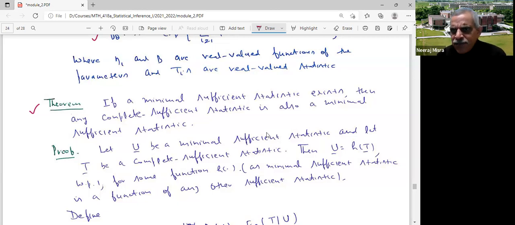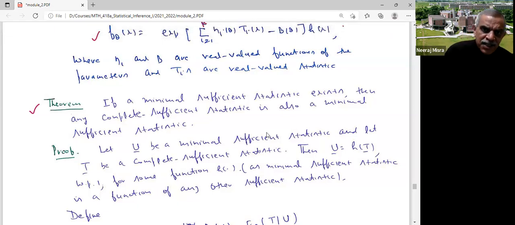In all the examples which you will consider in this course, a minimal sufficient statistic will always exist. So if a minimal sufficient statistic exists, then any complete sufficient statistic is also a minimal sufficient statistic. This gives you an easy way to find a minimal sufficient statistic: any statistic which is complete as well as sufficient would be minimal sufficient.